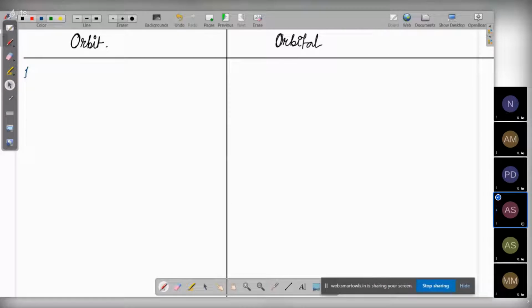The first point of difference is this. What is an orbit?